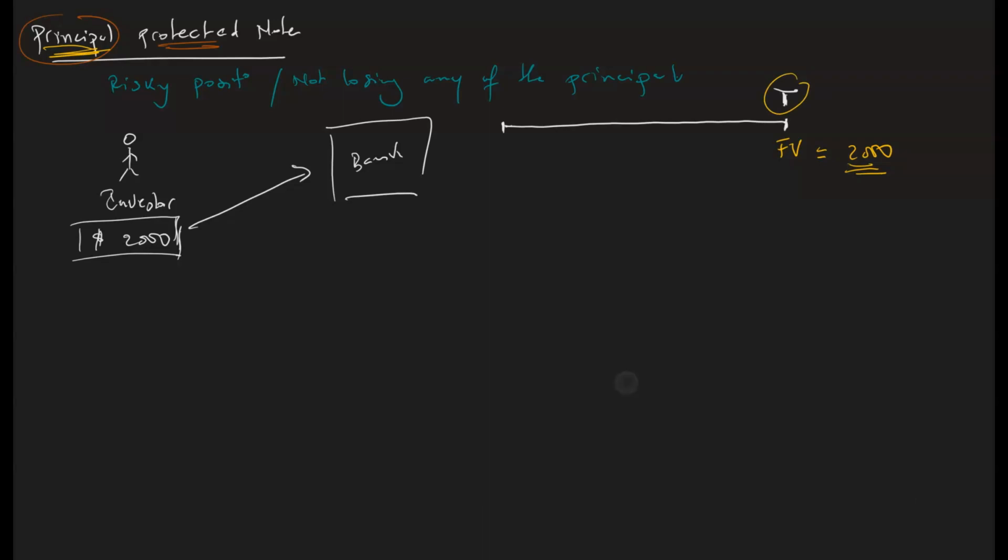So the first step would be to buy a zero coupon bond with essentially a face value of 2,000. Actually, let's change that number. Let's put that number at 1,000 to make it easy.